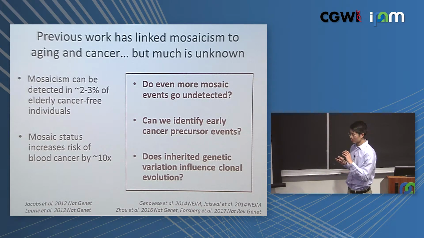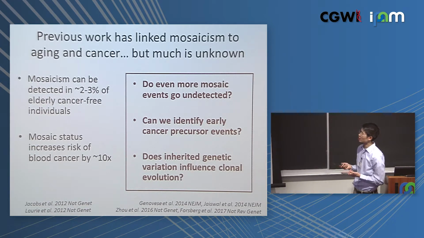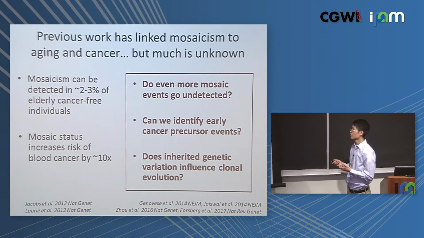In particular, that made us ask a couple questions. We were curious about whether we can actually improve the detection methodology to detect even more mosaic events that were missed by previous methods. And it also made us wonder whether we could identify specific types of these events that particularly predispose to cancer.